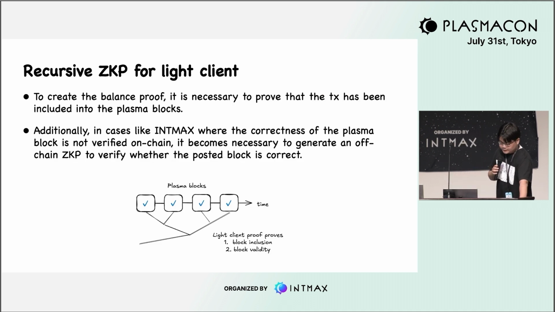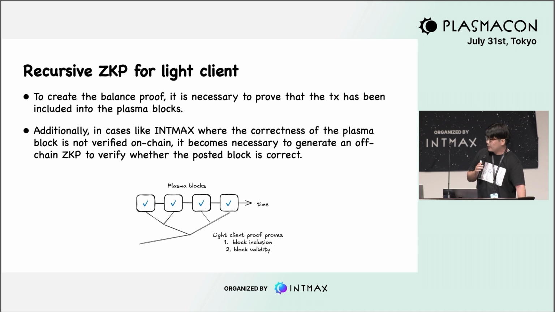And there is another important application of recursive ZKP in client-side validation: the validity ZKP. In balance proofs, there are cases where we need to prove that a TX is included in plasma blocks. For this, we need to create a Merkle tree of plasma block hashes.